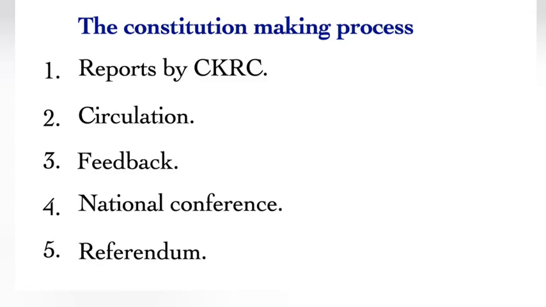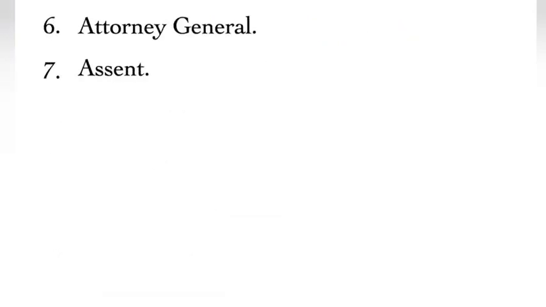Printing, publication, and circulation. Number 4, feedback. National Constitutional Conference. Referendum. Then presentation to the Attorney General. And at last, presidential assent.